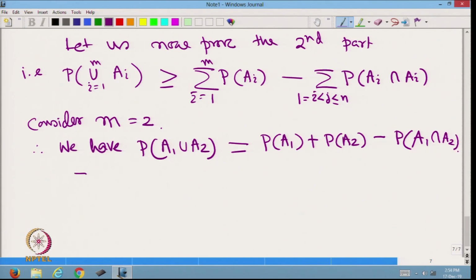Thus, for m equal to 2, there is equality.